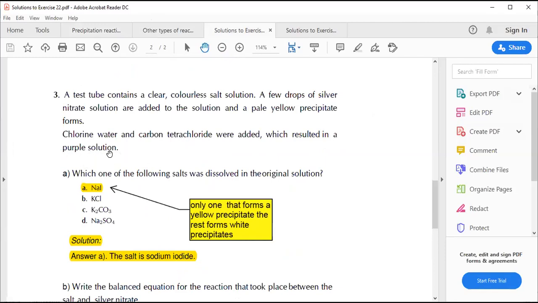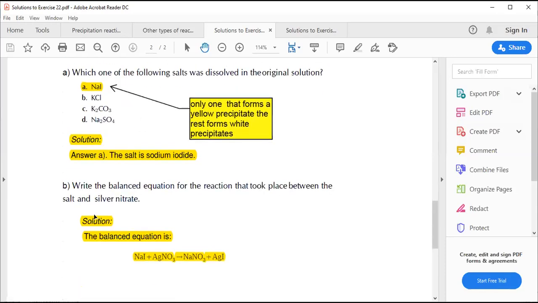The purple solution confirms iodine as well. Which one of the following salts was dissolved in the original solution? We are looking for iodide and bromide, but in our answer, there's only iodide. So that becomes our answer straight away. Sodium iodide was the salt in the original solution. The rest form a white precipitate, so they are out.